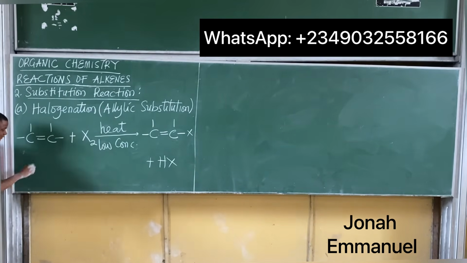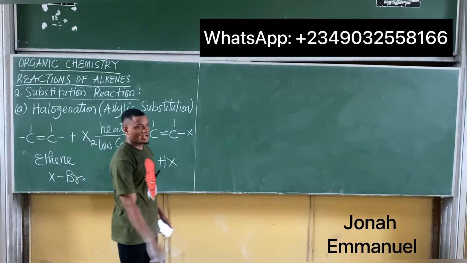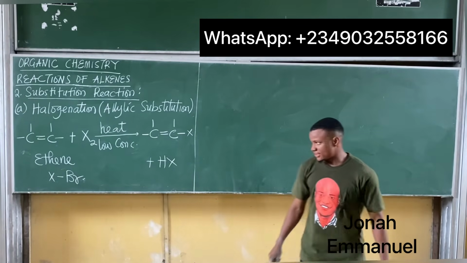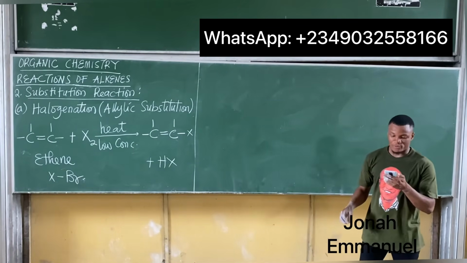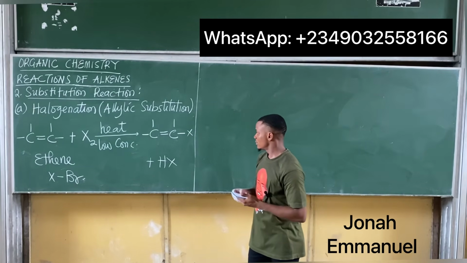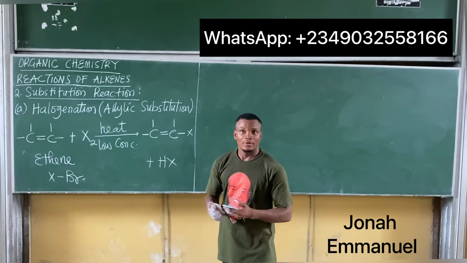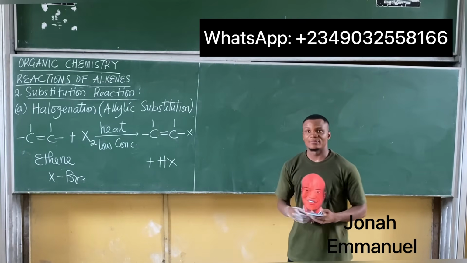Take number 18. Take X as bromine. Get out a complete equation, please. That should be simple now, right?